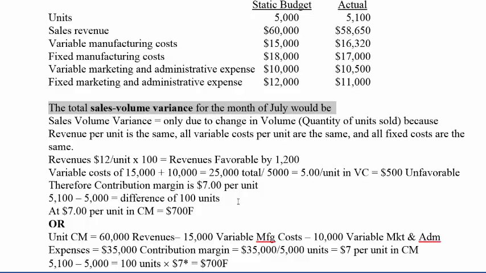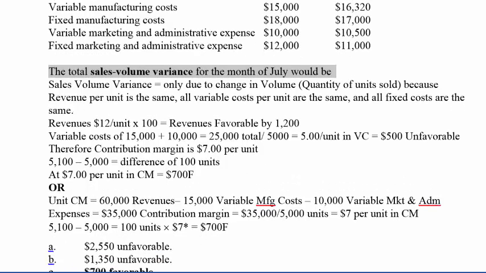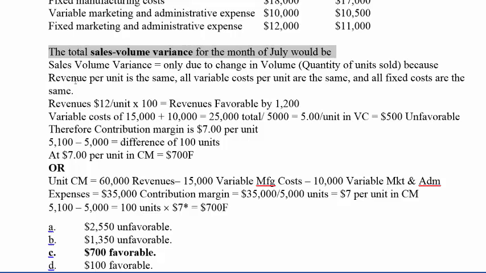That is because we had $7 per unit in contribution margin, and we're multiplying that times the 100 extra units, the actual quantity, which would have been used in the flexible budget column, to give us that $700 favorable. I've actually typed out two different things for you here. If you want to pause the video and think about it for just a moment, please be my guest.